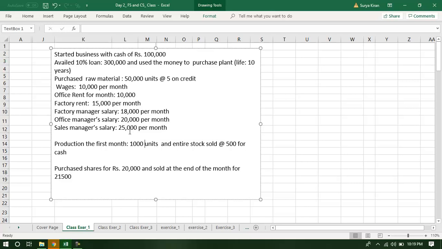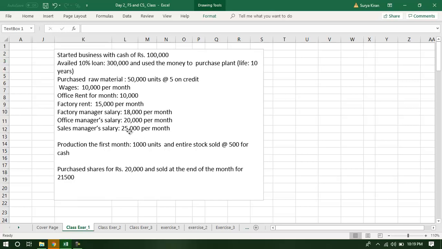Because no other information is given about the inventory, we are assuming that the entire 50,000 units of raw material were used to produce 1,000. And the entire output is also sold. So this is an example where there is no inventory of raw material, no inventory of partly finished goods, and no inventory of finished goods.